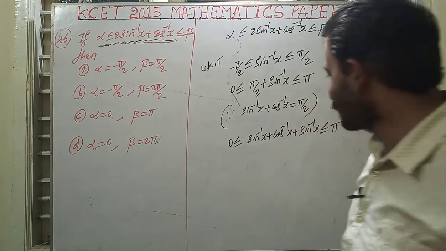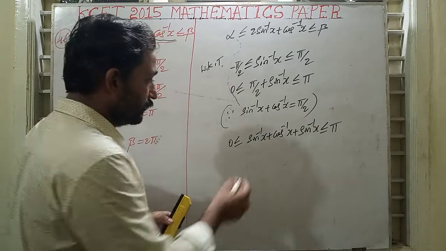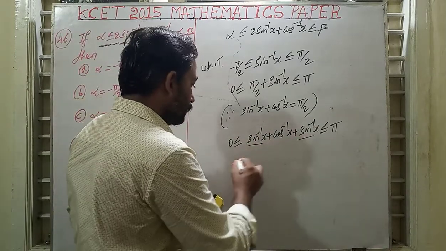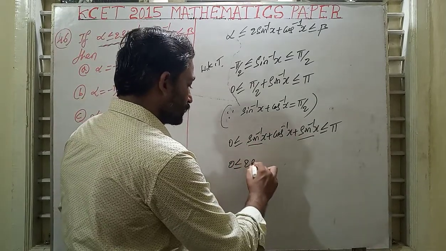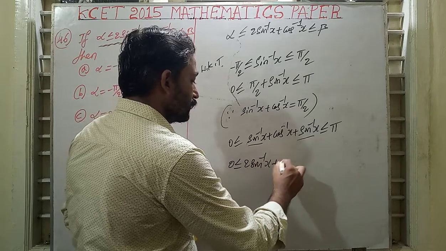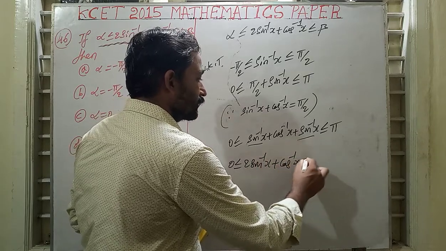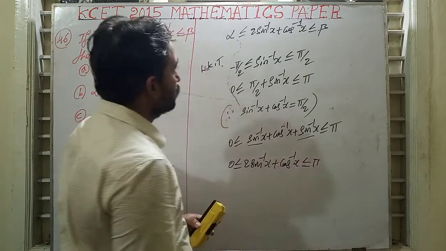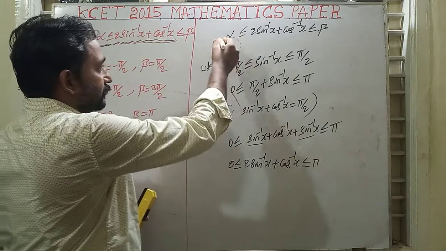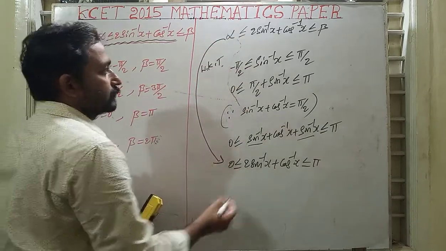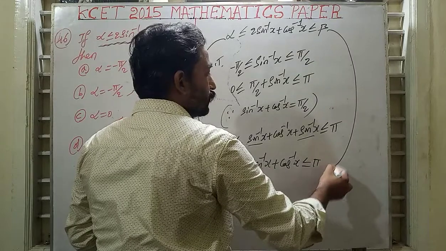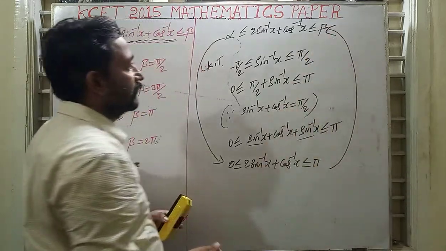Here sin inverse x is repeated 2 times, so we add it: 2 sin inverse x plus the remaining cos inverse x less than or equal to pi. So now it is in the form of the given expression. Compare these two, and we get the alpha and beta values.